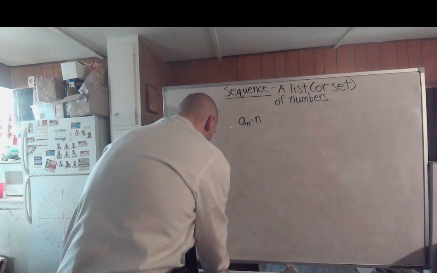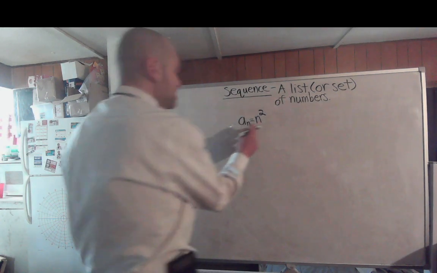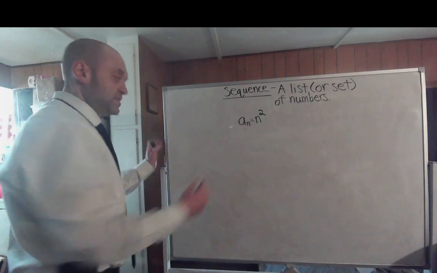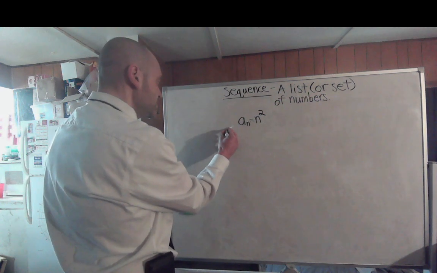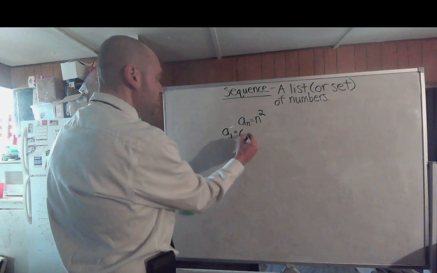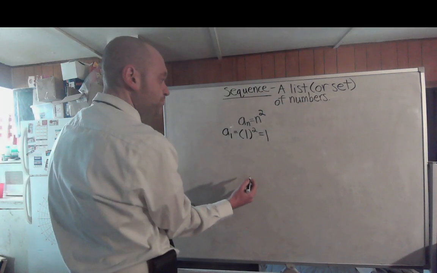Now, let's say the formula for this next sequence was a sub n equals n to the second power. Well, let's find our first term. We're going to list the first 5 terms of the sequence. So let's say we do a sub 1. Well, that's just going to be 1 to the second power, which of course would be 1, right?